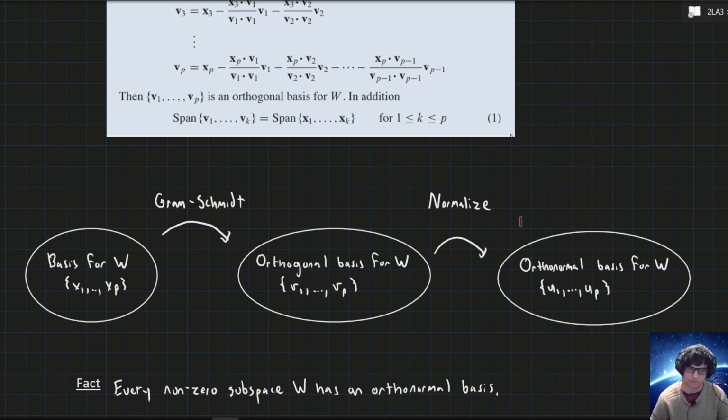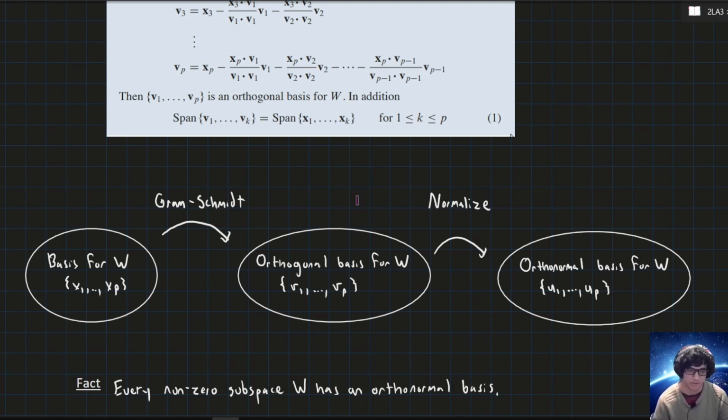Orthogonality is sort of the most extreme form of independence. Not only do we require that the vectors point in different directions, we require they point in completely different directions, in perpendicular directions. So in that sense, orthogonality is a stronger form of independence.